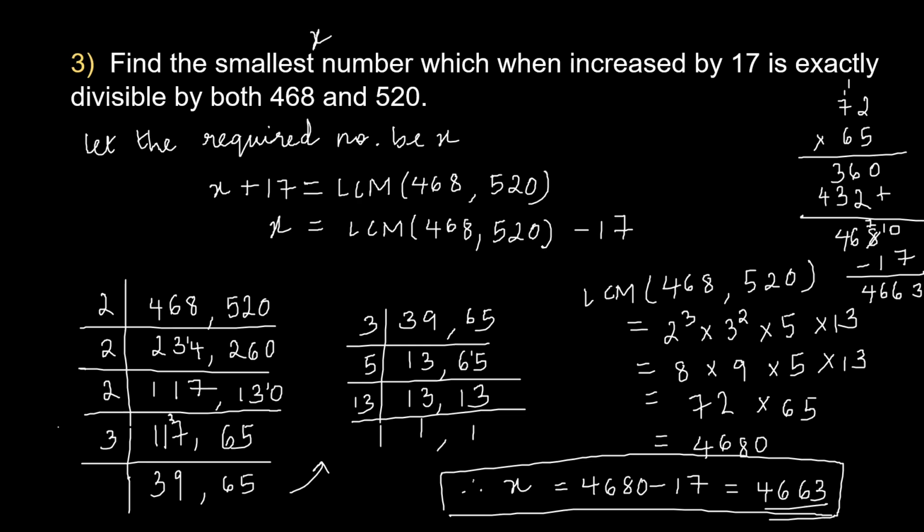So in order to find the smallest number which when increased by 17 is divisible by both these numbers, we subtract that number from the LCM and then we get that number. So if we increase 4663 by 17, this number is then divisible by both 468 and 520. So that is this.